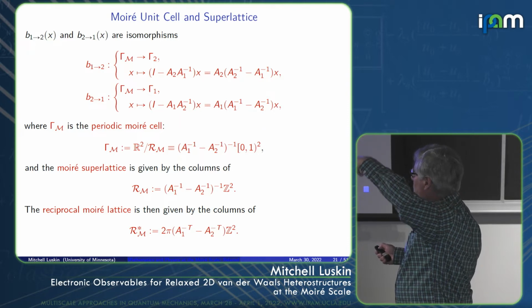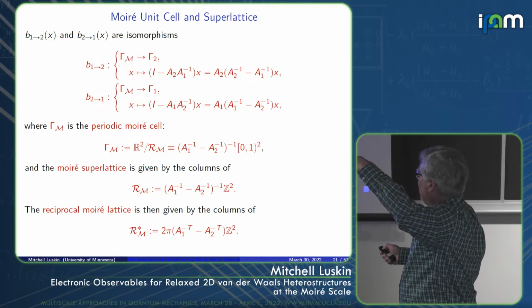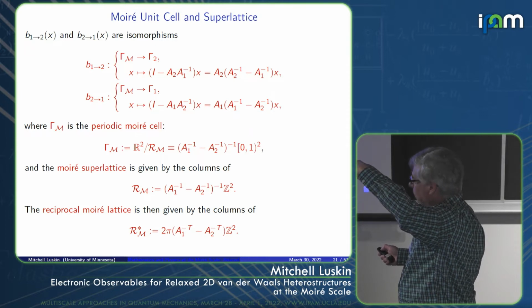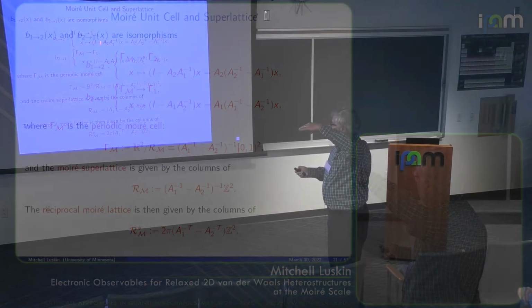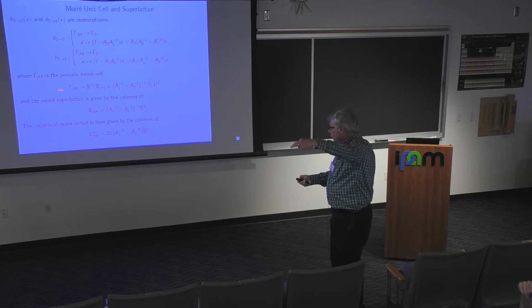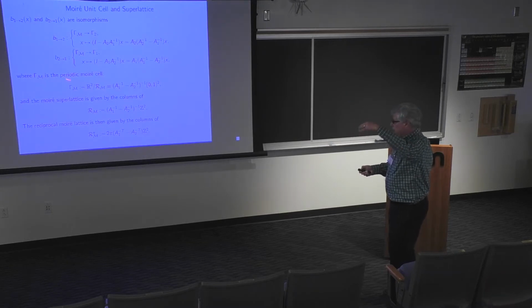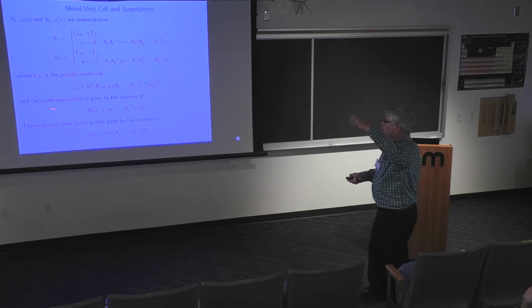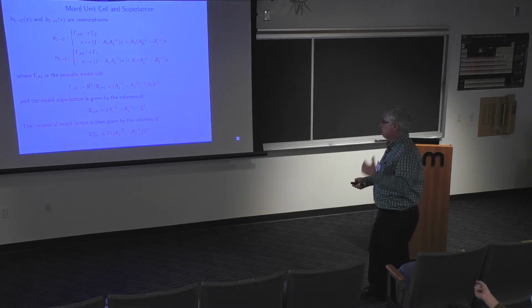This is covered by our continuous disregistry: if I pull back the mapping, I get the Moiré. So gamma_M is the Moiré, and these are isomorphisms. In terms of the generating lattice vectors, we can define the periodic Moiré cell, the Moiré superlattice, and then we can define reciprocal Moiré lattice vectors.